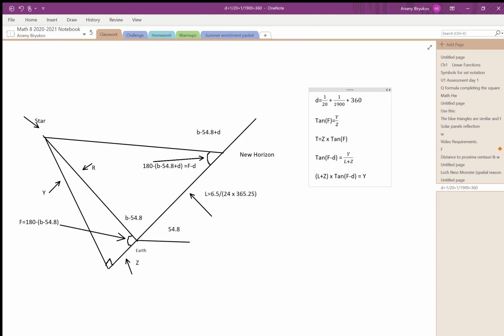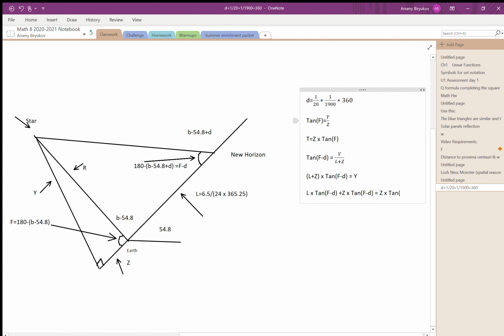Since we previously already found that y is equal to z times tangent of f, we can substitute y in that equation with z times tangent of f, creating the equation L times tangent of (f minus d) plus z times tangent of (f minus d) is equal to z times tangent of f.